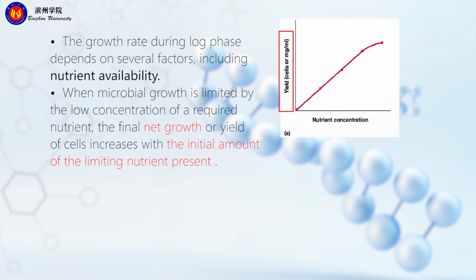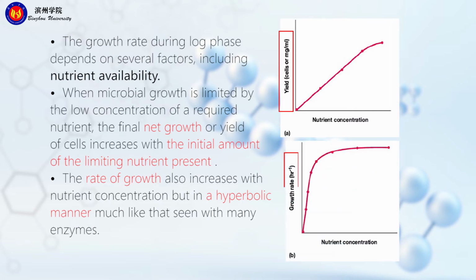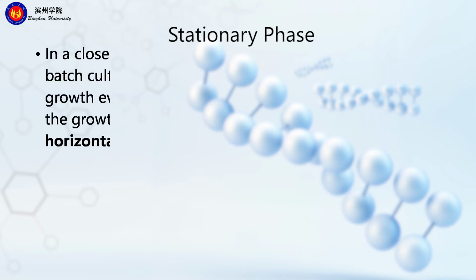You can see it on Figure A. The rate of growth also increases with nutrient concentration on Figure B, but in a hyperbolic manner, much like that seen with many enzymes.